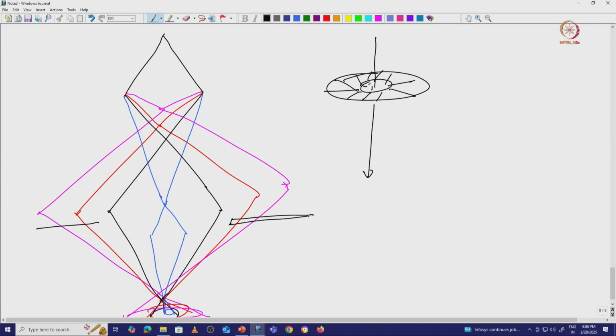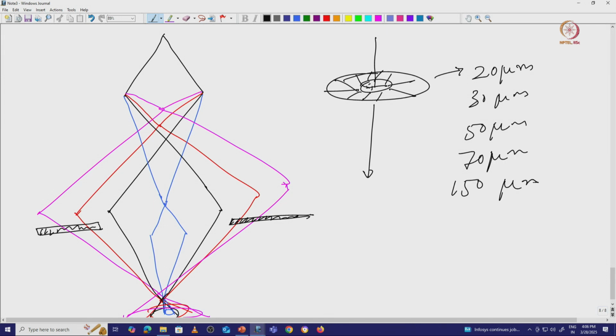For the first condition, consider that I have an aperture of this size. You can get different aperture sizes. It may be a hole diameter of 20 micrometer, 30, 50 or 70 micrometer. Sometimes you will get a 150 micrometer hole diameter also. Just consider some diameter we are using.